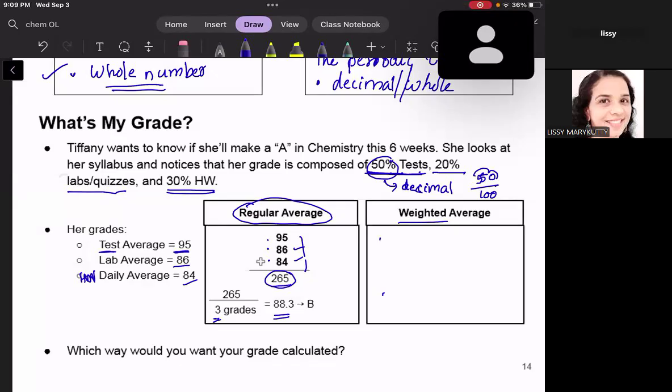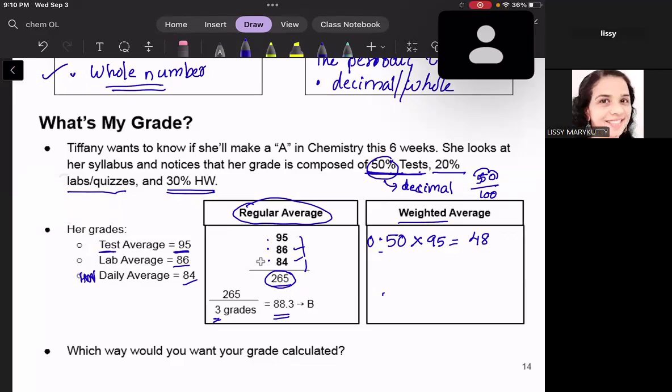So 50 will be 0.50. If you want to add a 0 in front of that, that's fine. Then multiply that with her test grade, which is 95. Get your calculator, multiply, and round that, which is 48.